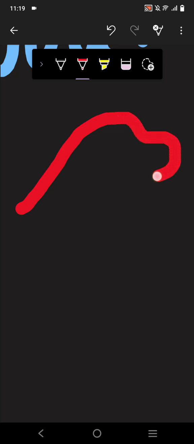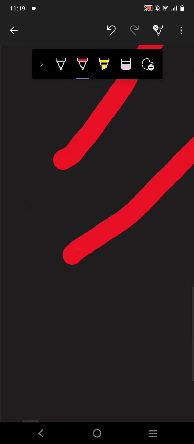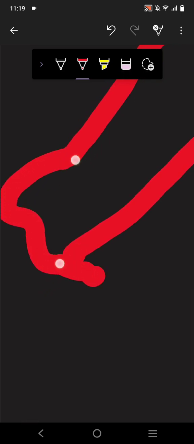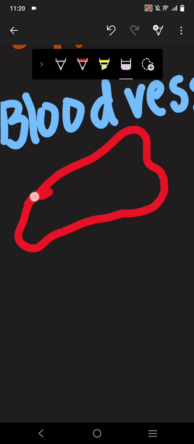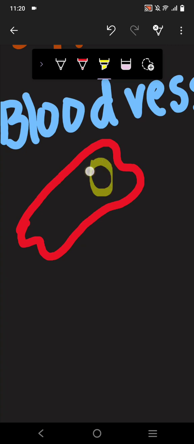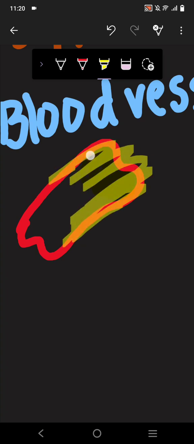I'm trying to make a diagram. Here, the yellow matrix is present.